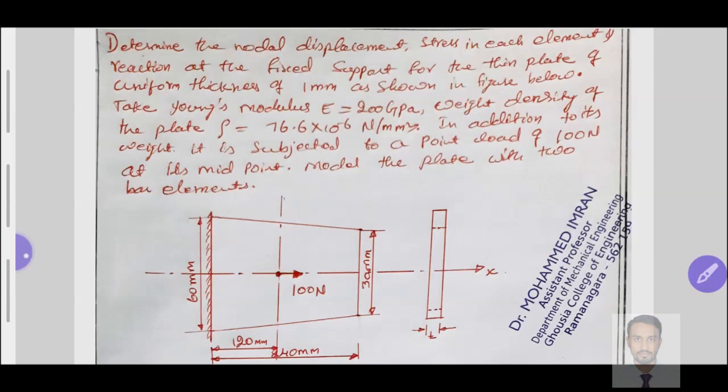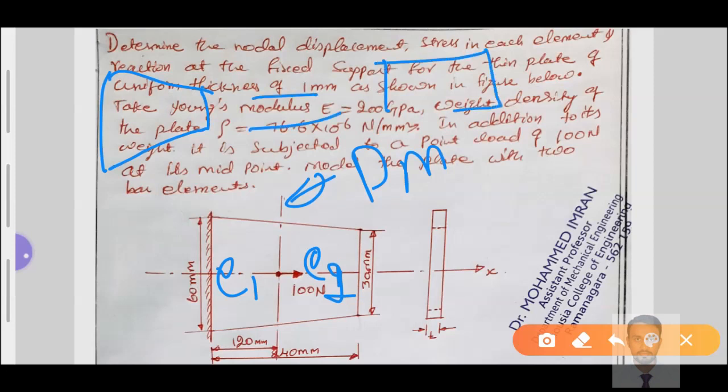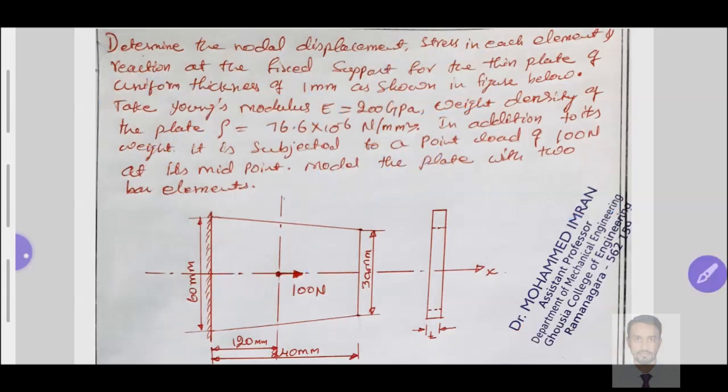After getting the mean value D mean, we can easily get the element number 2 value and element number 1 value. So we need to convert this tapered cross section in terms of a uniform cross sectional element. Then it is possible to represent it as a one dimensional FE model. Clear? So now the first task is to find out the area of cross section.